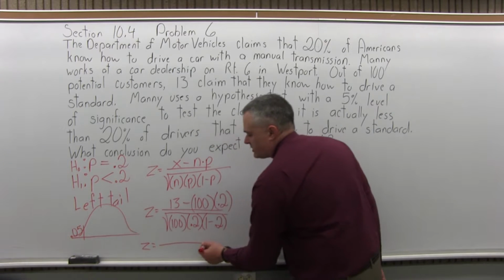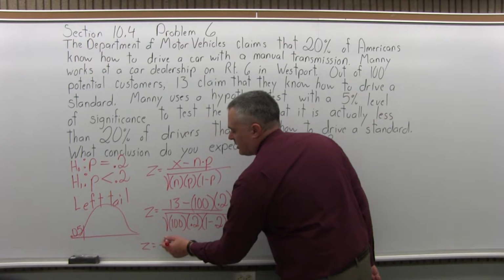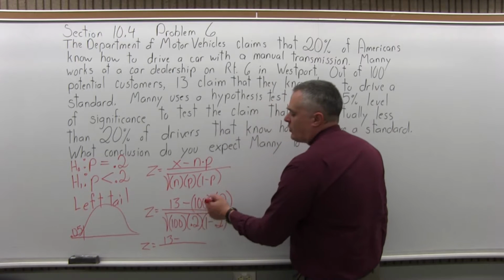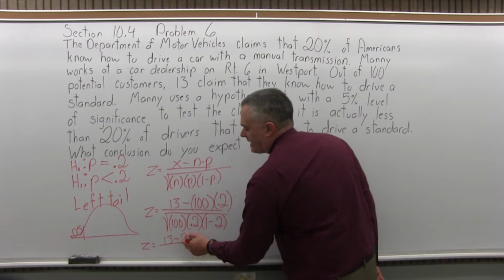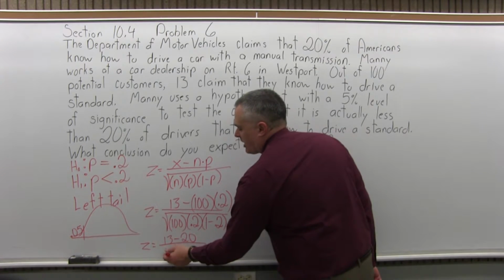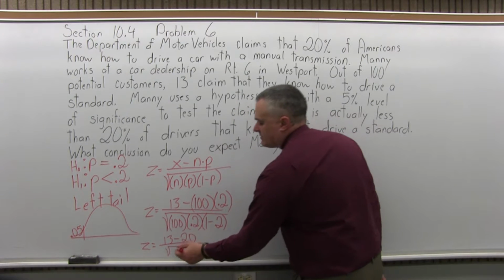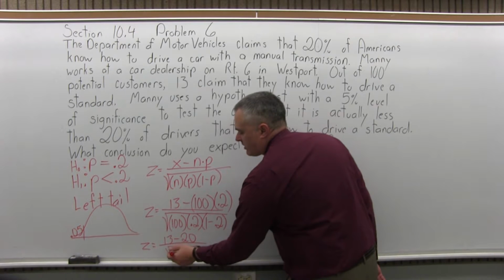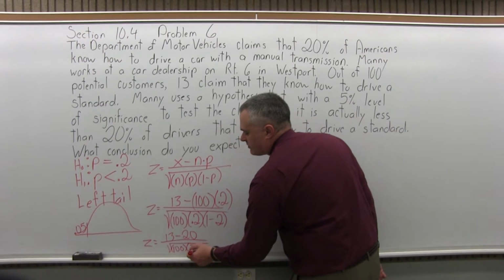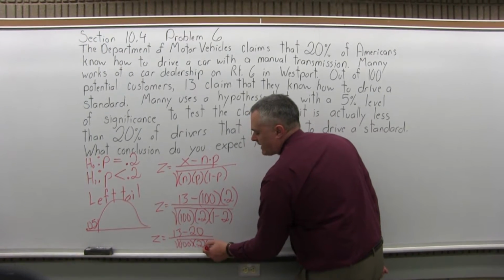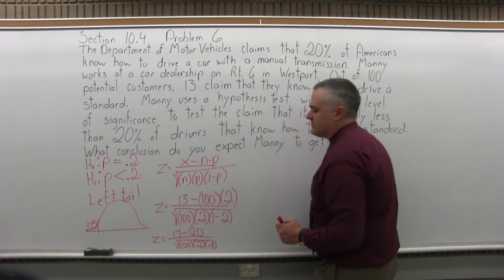Z equals, so on top it'll be 13 minus 100 times 0.2, which is 20, and in the denominator, let's write it all out, 100 times 0.2 times 1 minus 0.2, which is 0.8.